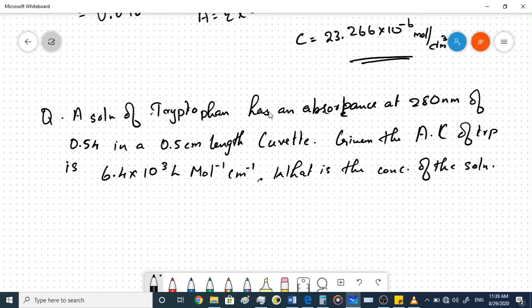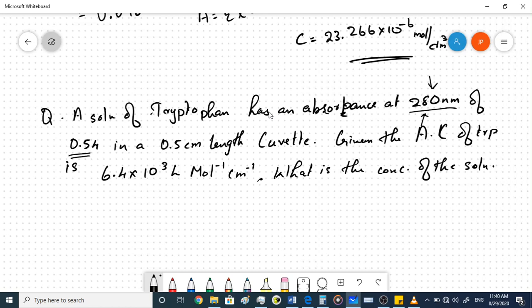It's a bit more direct question. The only thing is that it is given that the absorbance at 280 nanometers is 0.54. This is a value which is a bit tricky. We'll discuss why this is given as 280 nanometers. They have basically taken a particular wavelength, and at that particular wavelength you get an absorbance of 0.54.